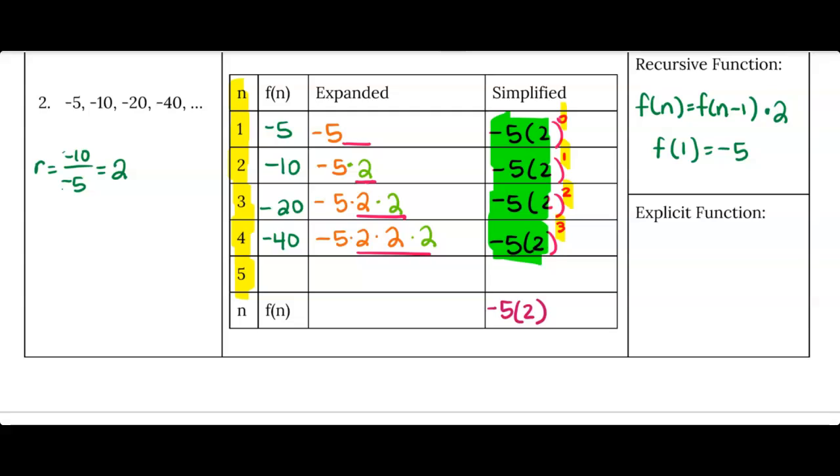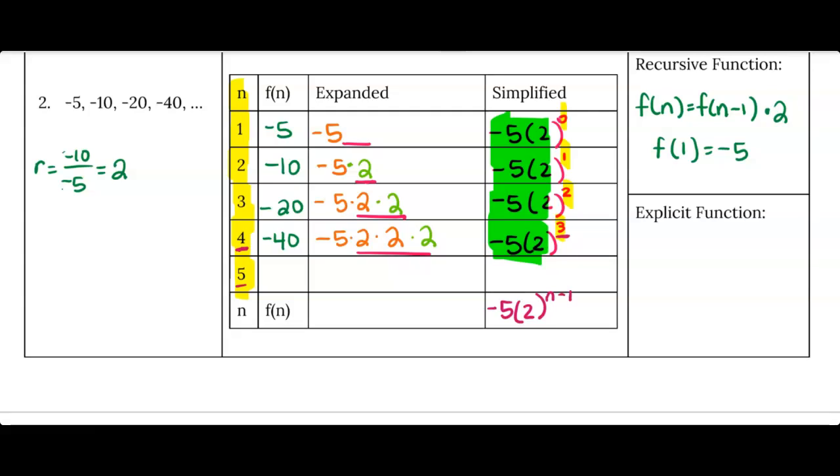I want to be able to plug n into my explicit and get out my answer. If I just put an n up here, that would mean that I would plug in 4 for n, and that would be right here in the exponent. But it's not. 4 is here, and it comes out as 3. So in order to get it down to 3, I know that I need to subtract 1, so my exponent should be n minus 1.